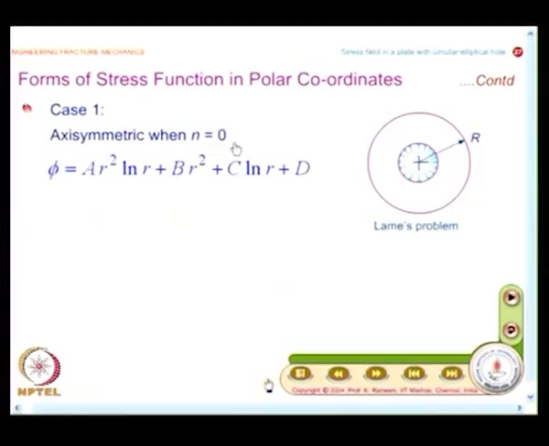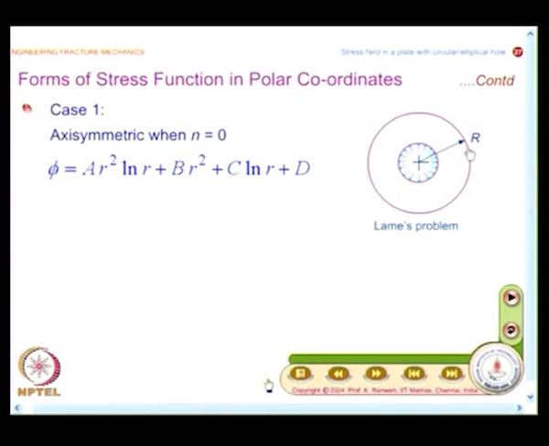For a thin cylinder, you know PR by T, PR by 2T you are able to develop, but when I have a thick cylinder, you have to go by theory of elasticity, and the stress function for this is given as A r squared natural logarithm r plus B r squared plus C natural logarithm r plus D.